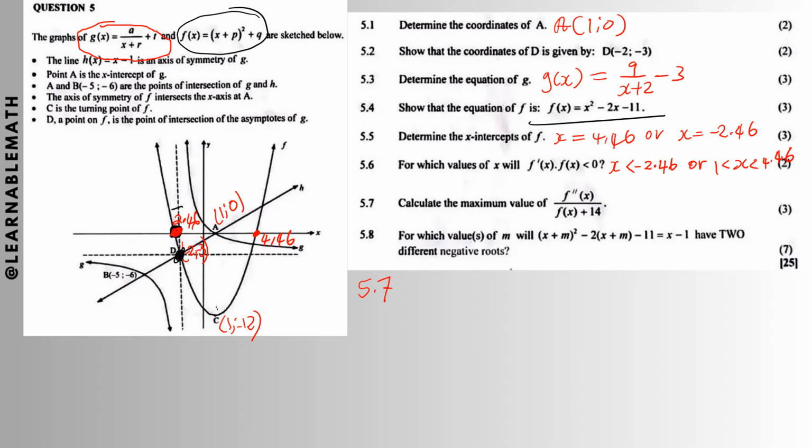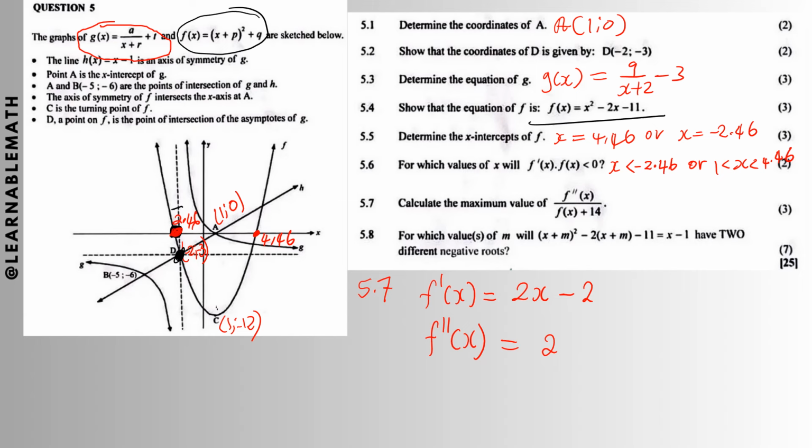So for the second derivative of f of x, we differentiate first, then we differentiate a second time, right? So f prime of x, the first derivative, will give you 2x minus 2. For the second derivative, you differentiate the first derivative again, and it will just be 2.